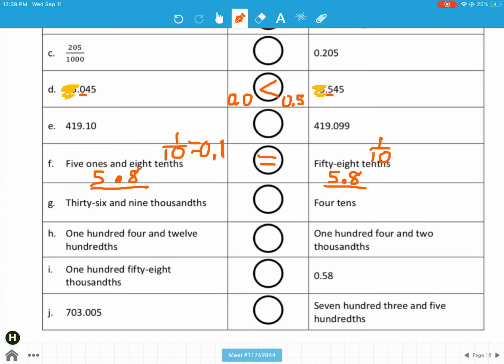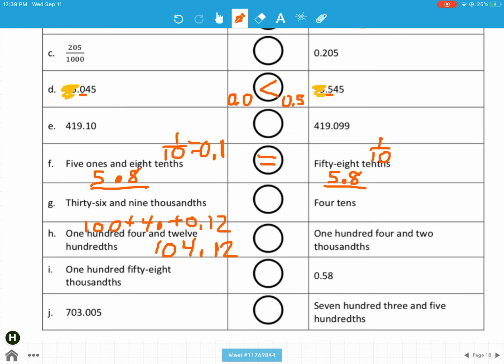H, we're going to have 104 and 1200 hundredths. So that's going to be 104 and 12 hundredths.